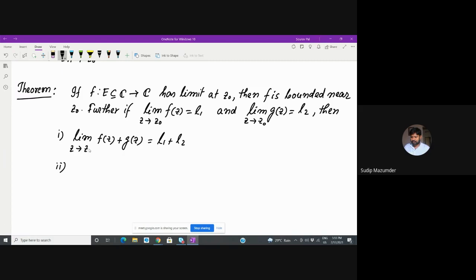I think the limit should be finite, yes, we are talking about finite limits here.